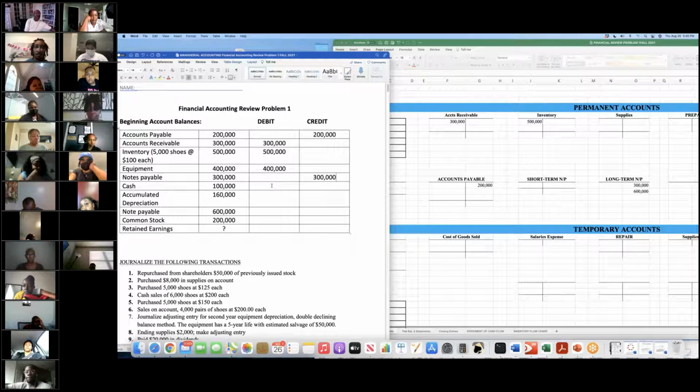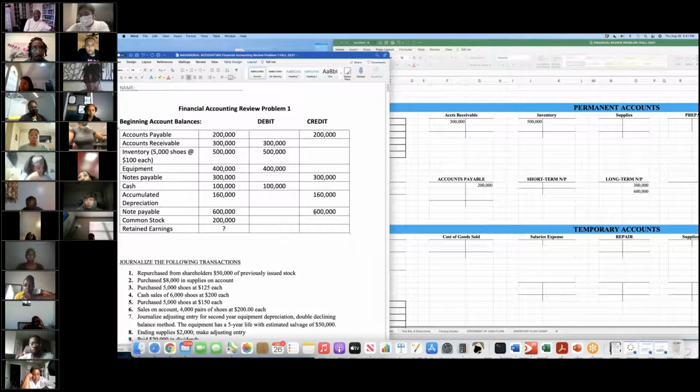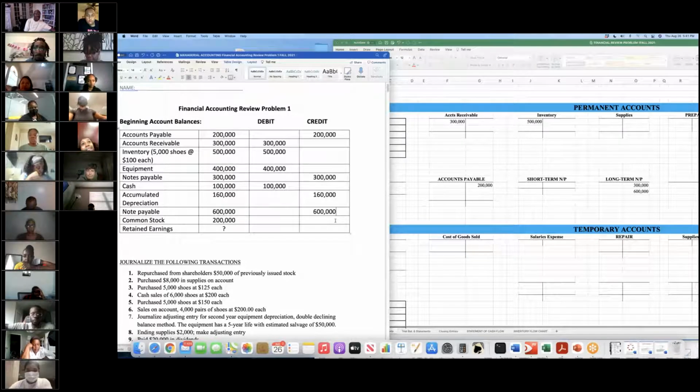And then cash is a debit of 100. Then accumulated depreciation is 160. Notes payable again is 600,000. And common stock has a credit balance of 200,000.